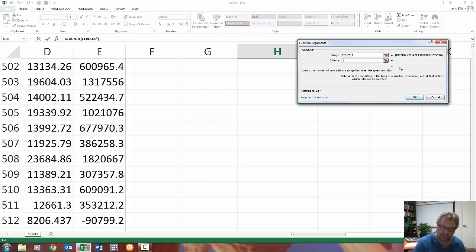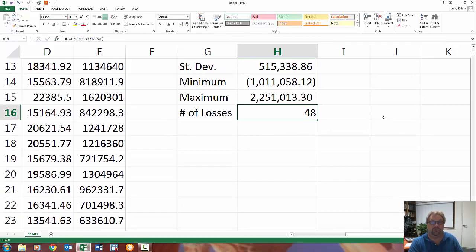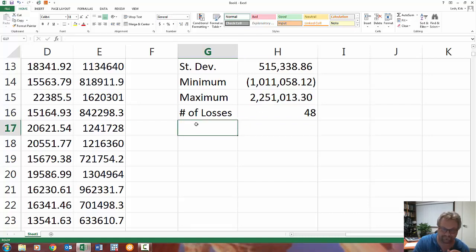So hit double quotes, less than 0, and double quotes again. And now look, this formula result is 35. So putting in those double quotes allows the COUNTIF function to actually count everything, right? So what this is telling me is that there are 48 trials where the profit is less than 0.